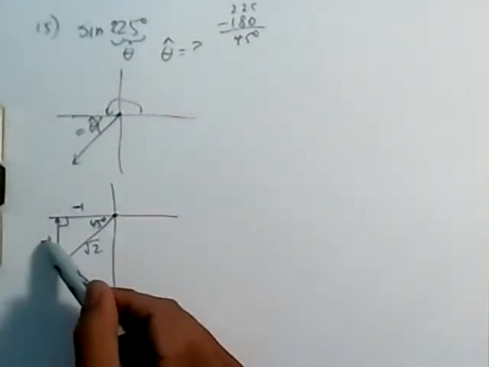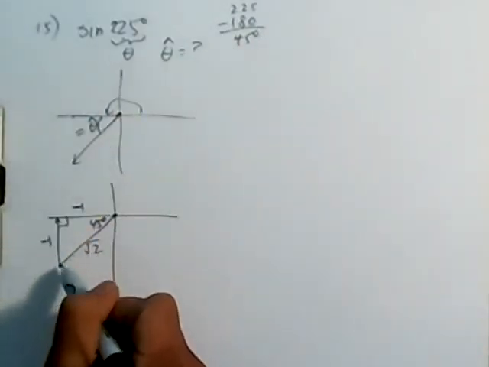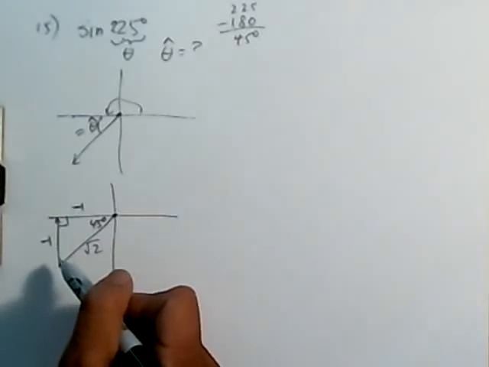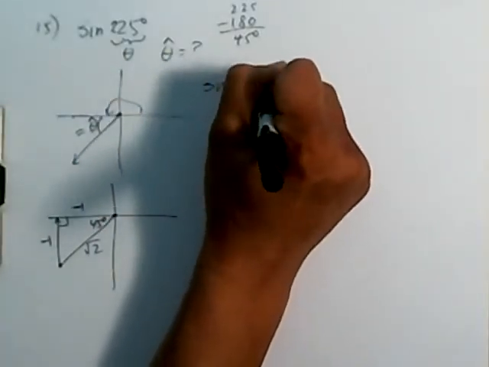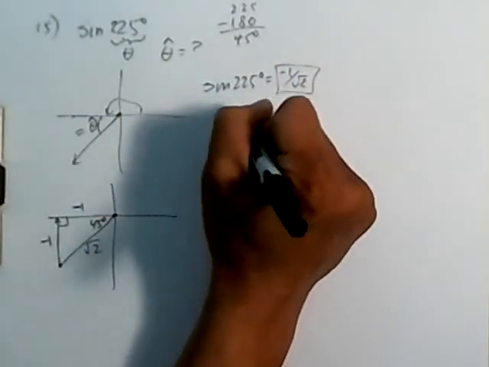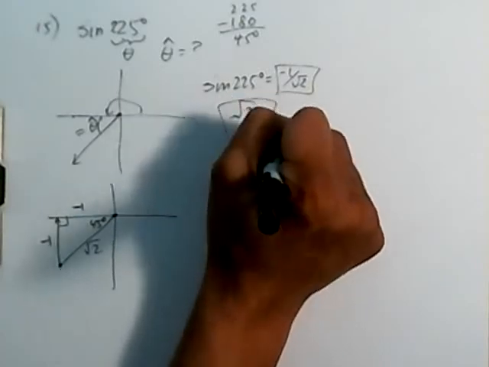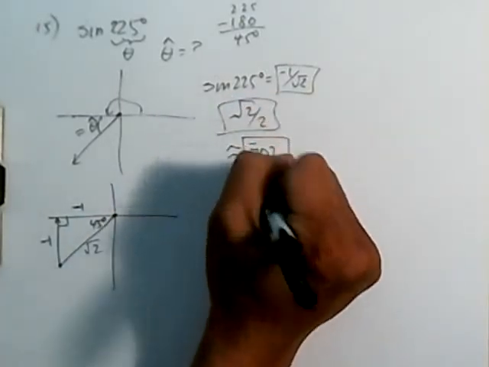The sine is the opposite over the hypotenuse, SOHCAHTOA, the y value over the radius, same thing. Sine of 225 degrees is equal to -1 over root 2. That's also, if you rationalize the denominator, negative root 2 over 2, also approximately negative 0.707.